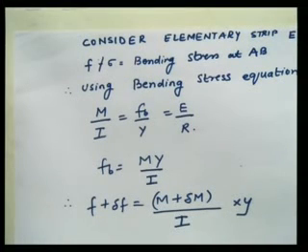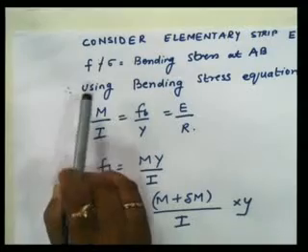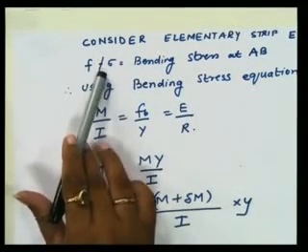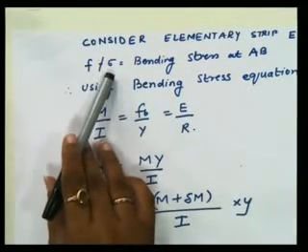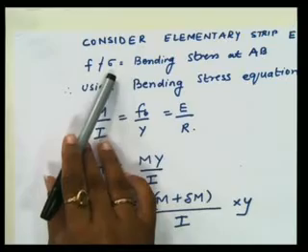that is EF. Now the bending stress will be developed due to the bending moment. The bending stress is denoted by F. In certain books it is denoted by sigma. So F or sigma both represent the bending stress.